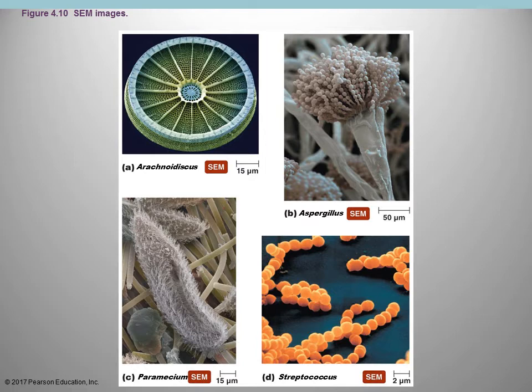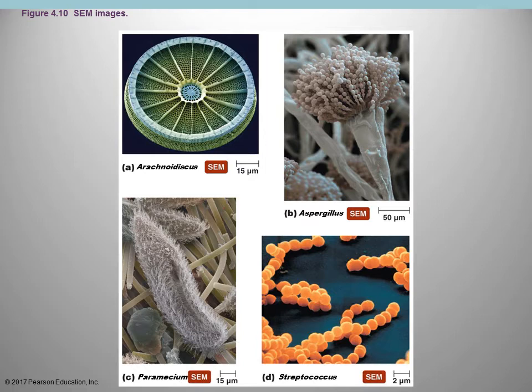So once again, you have to decide what is the information I'm trying to gain. If all I need to see is the external surface, well, then I use the scanning. If I need to see internal structures, then I need to use the transmission. One thing I also want to say, yes, you can get increased magnification, but once again, you need to figure out what information you are wanting to learn, and that helps to determine what type of microscope you're going to use.